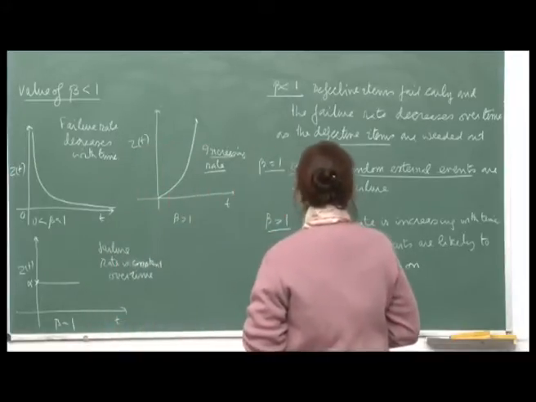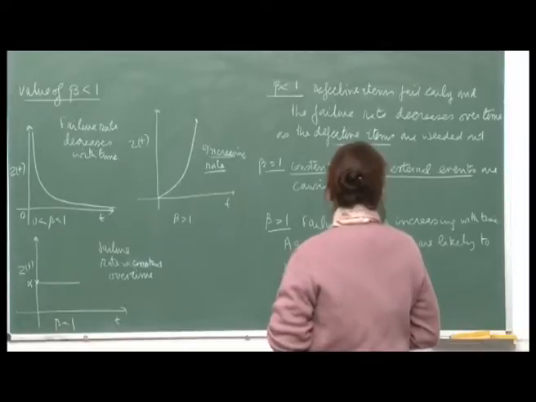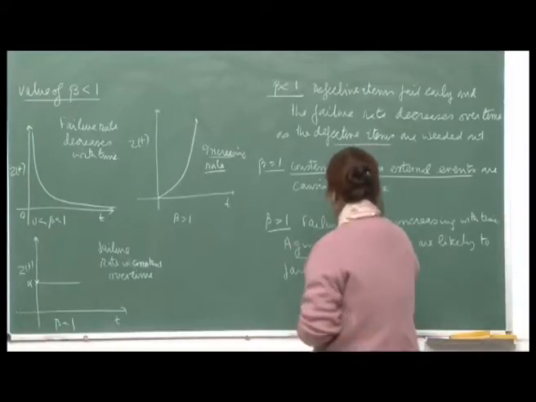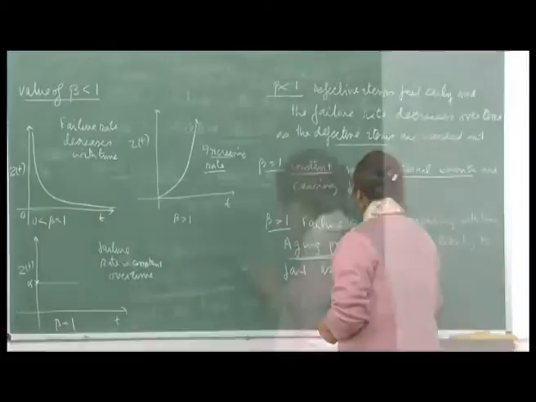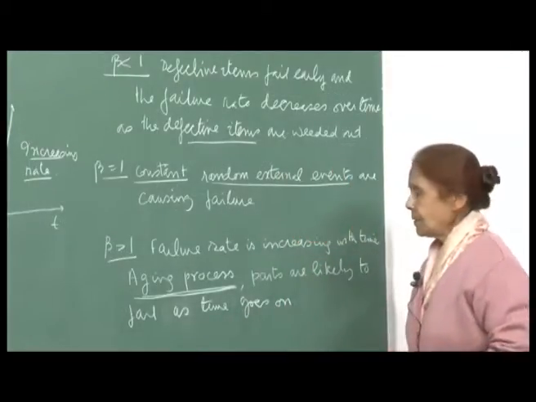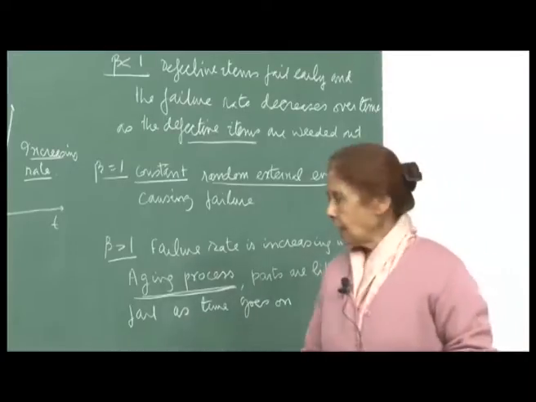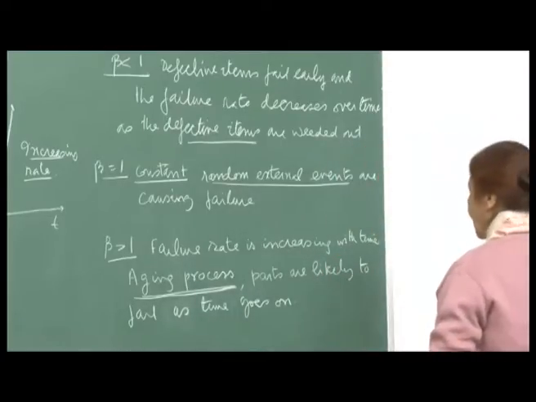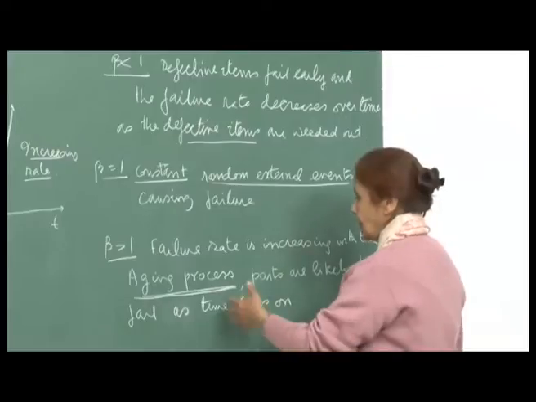And for beta greater than 1, as we have seen, failure rate is increasing with time, and therefore, this models the situation where the aging process has a role to play in the failure of the system. Okay. Parts are likely to fail as time goes on, and this is when the stress builds up.